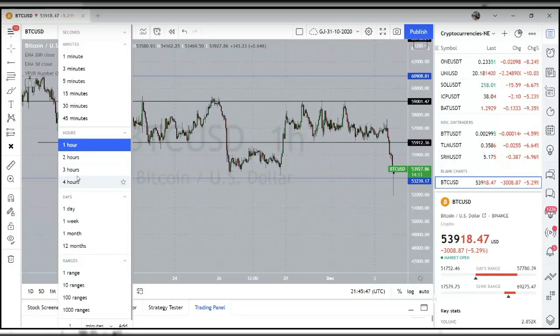The more intra-week swing traders might do 4 hour, 1 hour and 15-minute. Me, I class myself as a swing trader, but I go daily, 4 hour, and look for entries on the 1 hour, but I'm not really doing much technical analysis on the 1 hour. It's really daily and 4 hour levels that I'm looking for.